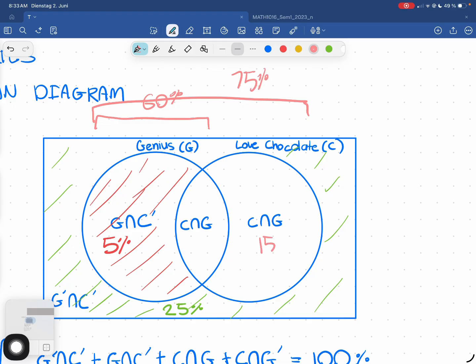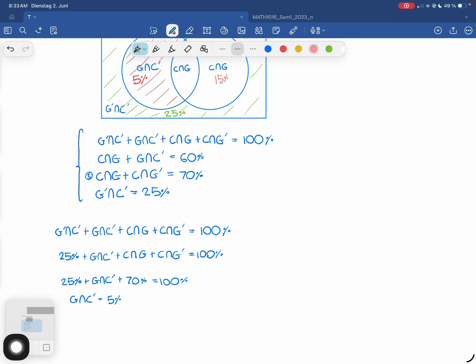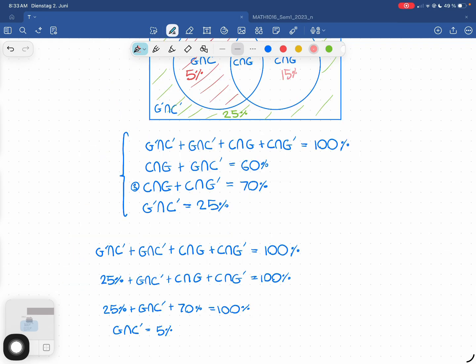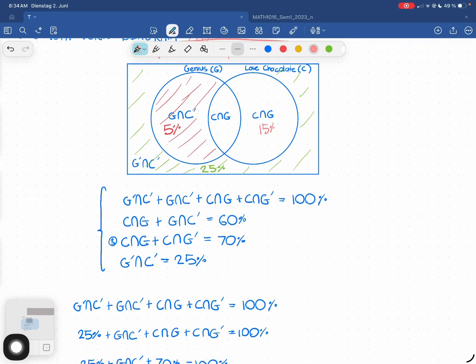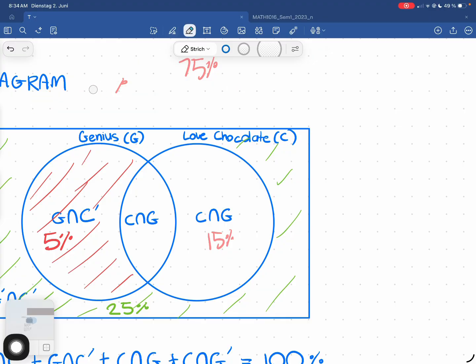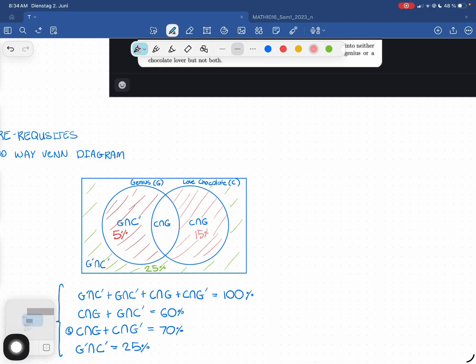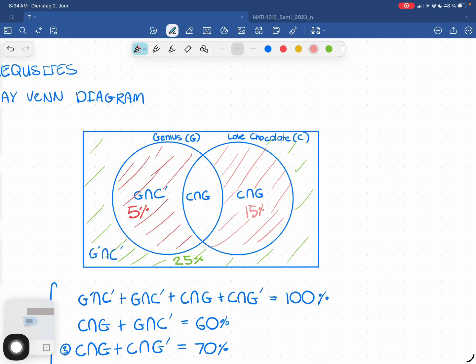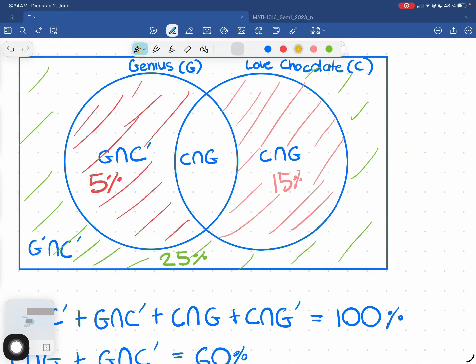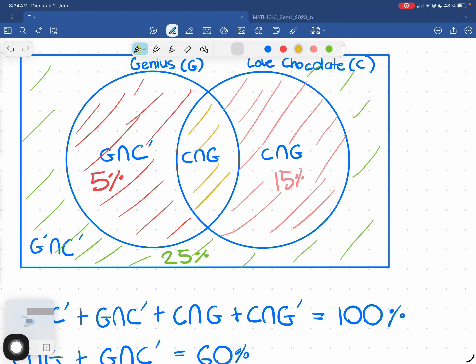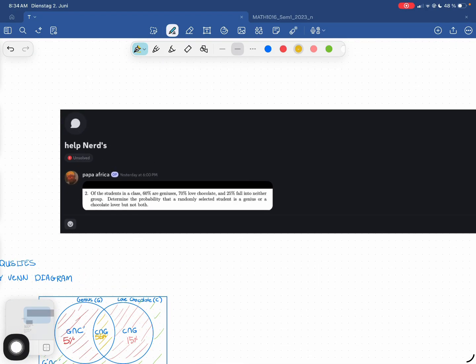So we know that this is 15%. And if you don't believe me, you can continue using this system of equations to solve for C and G. So we know this is 15%. What is 5 plus 15 plus 25 plus C and G? Well, that has to be 100%. So this is 55%.